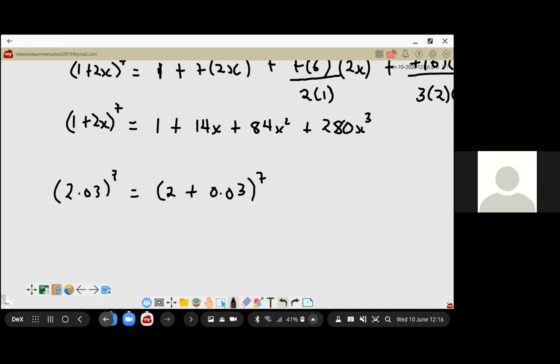Then what do we do? You have to express it in the form of (1 + x)^n. So how do we express it in that form? You factorize 2. Okay. So we can go straight to this.